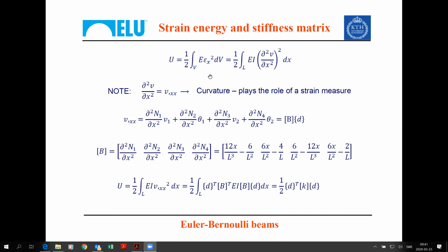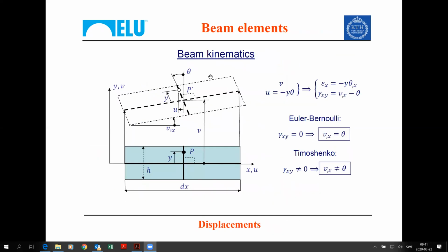Well, for the beam, we have a more complex kinematics. We have v, which is the bending displacement of the beam axis.